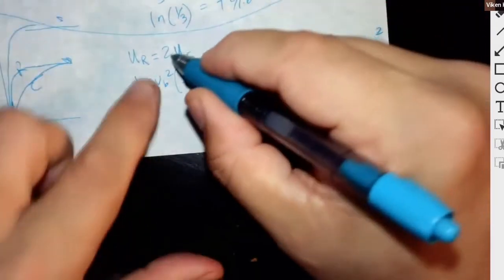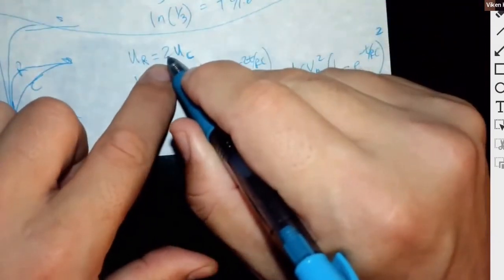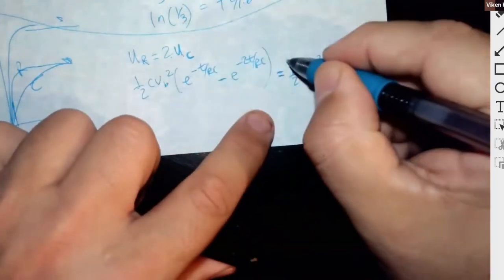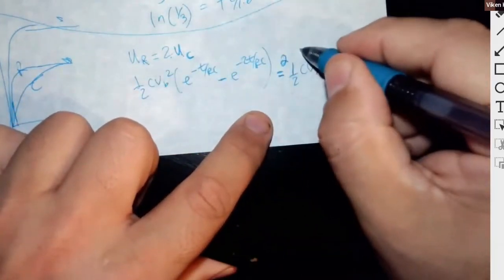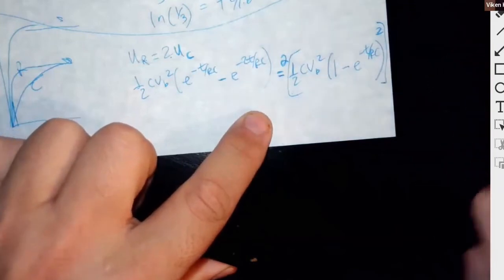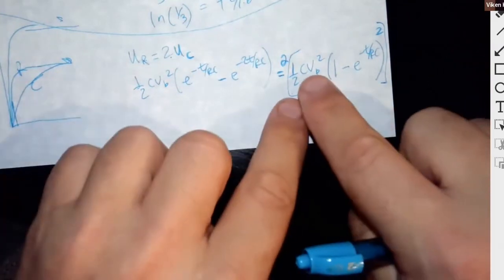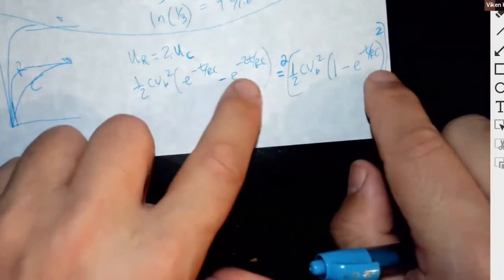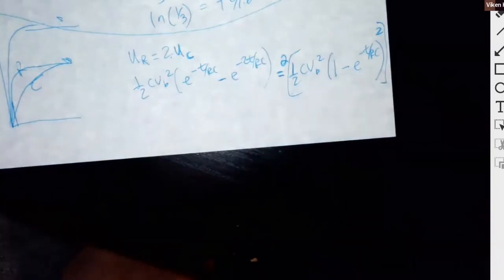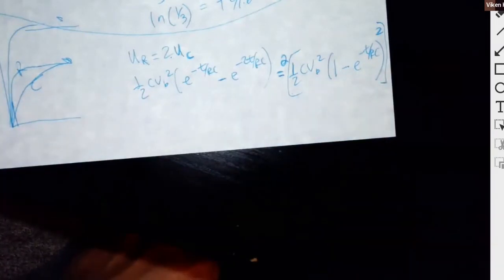We want the energy of the resistor to be twice the energy of the capacitor, so we put an extra 2 here. So this is the equation for the energy of the capacitor and the energy of the resistor. How do we proceed now?